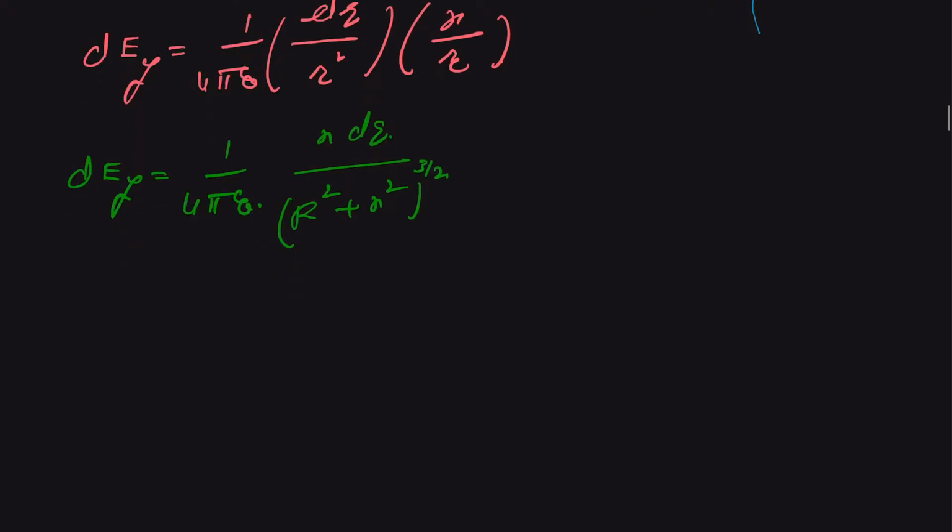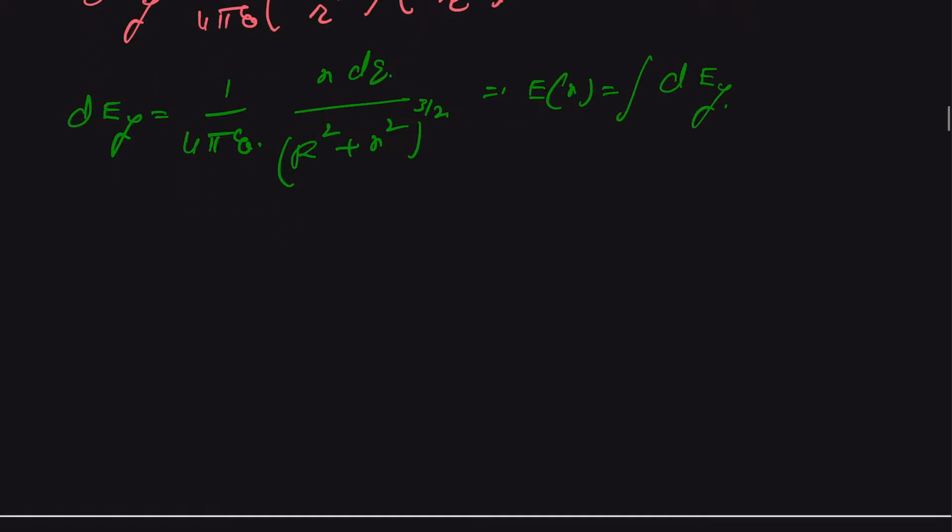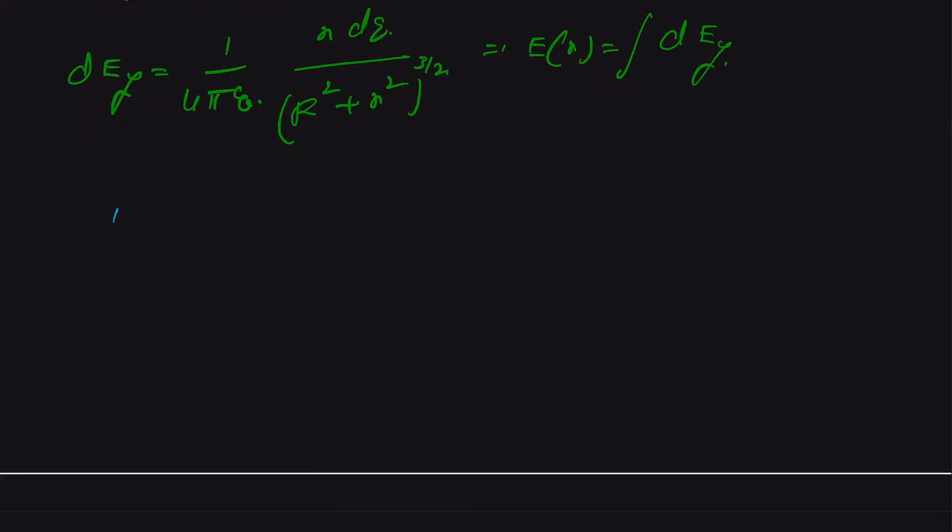Now the total electric field E at a distance of x will be equal to the integral of dE, and we can simply put it: Ex will be equal to x upon 4 pi epsilon naught, 1 upon (r square plus x square) to the power 3 by 2, and the integral of dq.